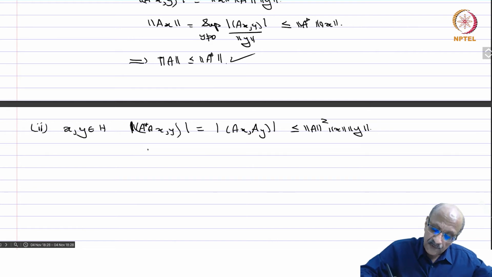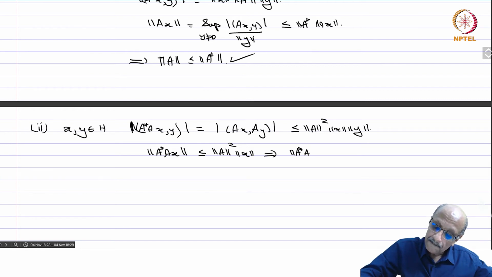So by the supremum rule, norm of A star A is less than or equal to norm A squared.